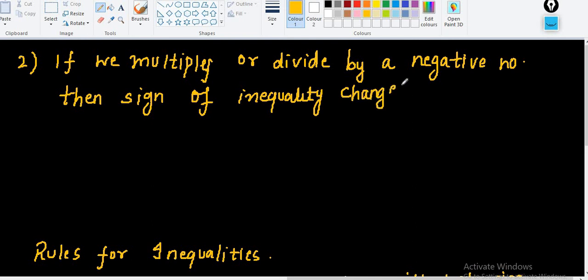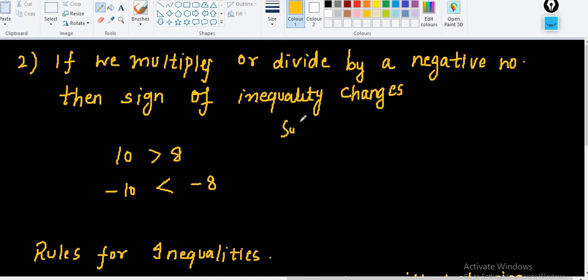This is very much evident. If I ask you out of 10 and 8, which one is larger? Obviously 10. If I multiply them both with -1, now which one is larger? Obviously -8 is larger. So here, when we have multiplied by -1, we can see that the sign of inequality changes from greater than to less than. So it is very much evident.